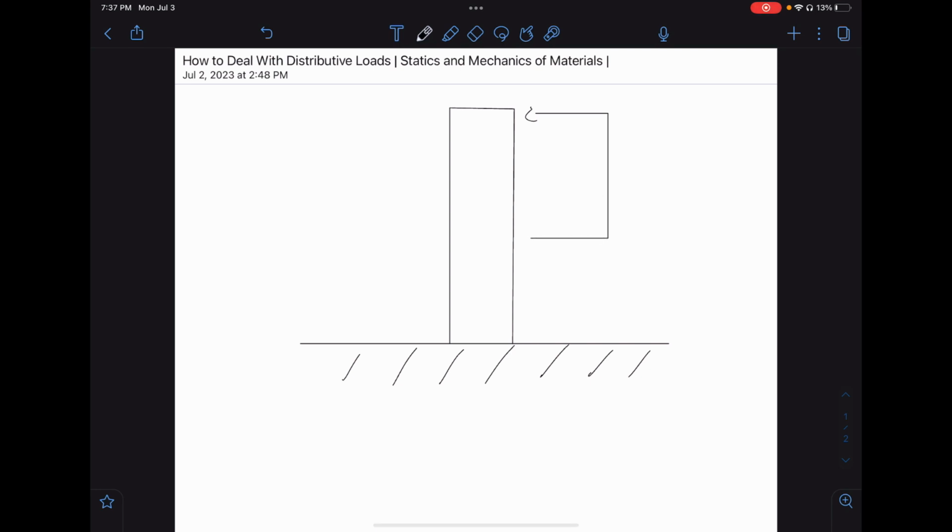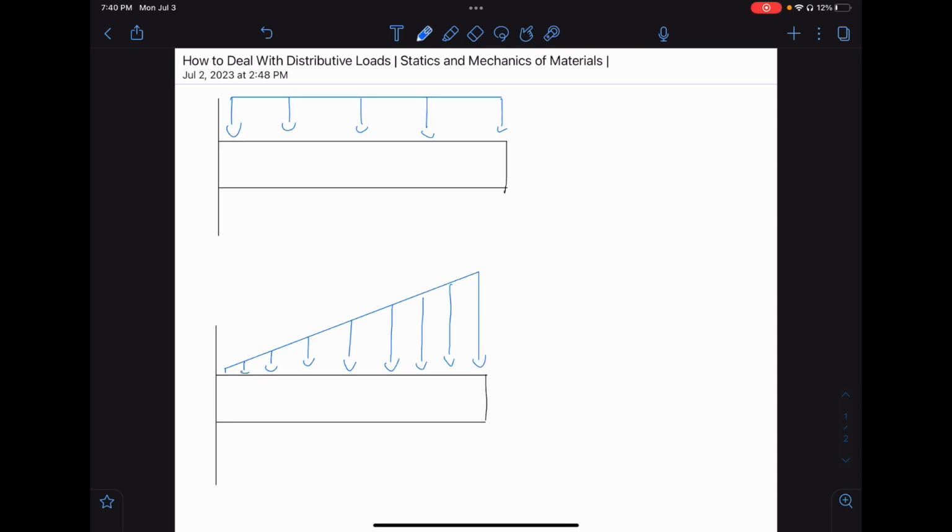So the area under the curve is represented just by either the length times width, or in terms of a triangle, 1/2 the base times height, right? So in order to find a force resultant for these distributive loadings, you would need to find its area and then the location of the force resultant. So let's get rid of this, and I'm going to discuss how to do that.